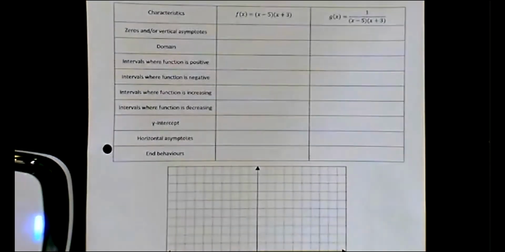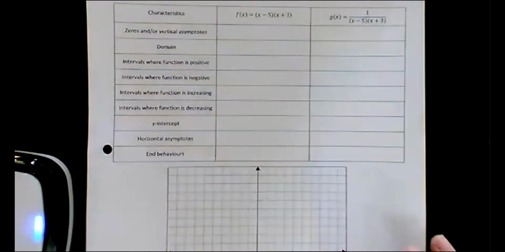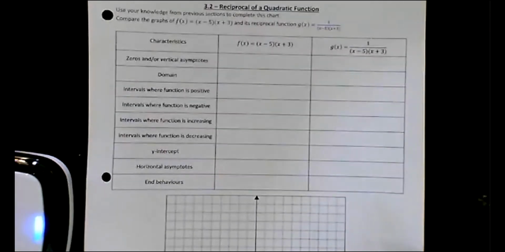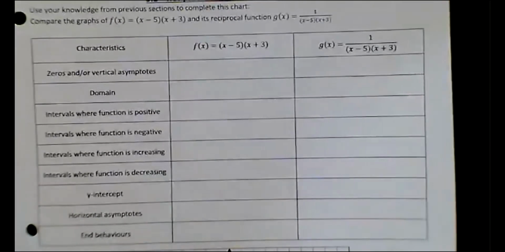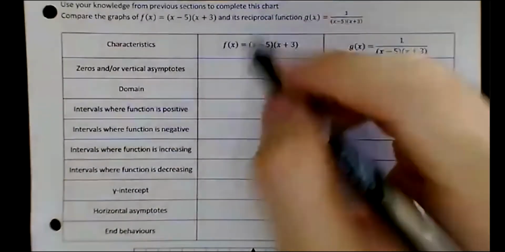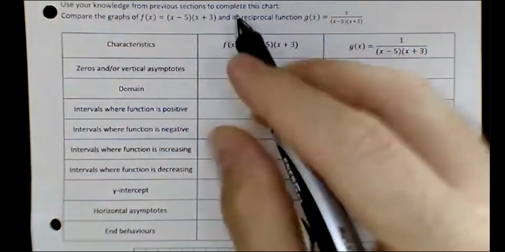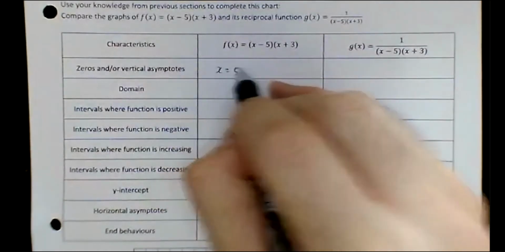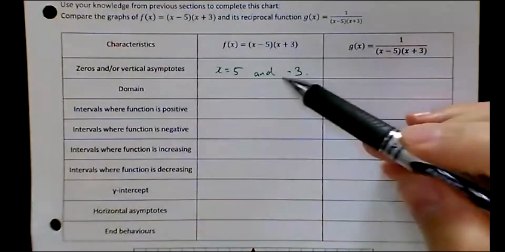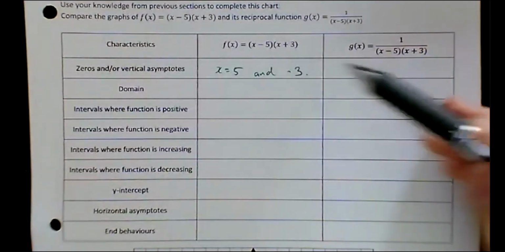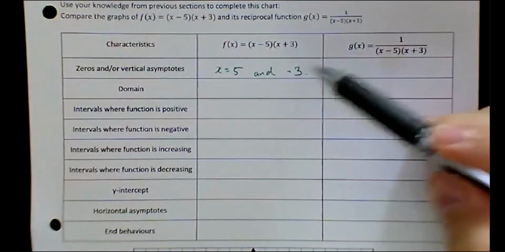All right, so this sheet, I am going to try to sketch all of this out after we do the characteristics this time. So I'm going to reverse. Here's a quadratic with the x values, or in factored form. What are the zeros? Quickly. And by parallel then, what are the values that we cannot have?